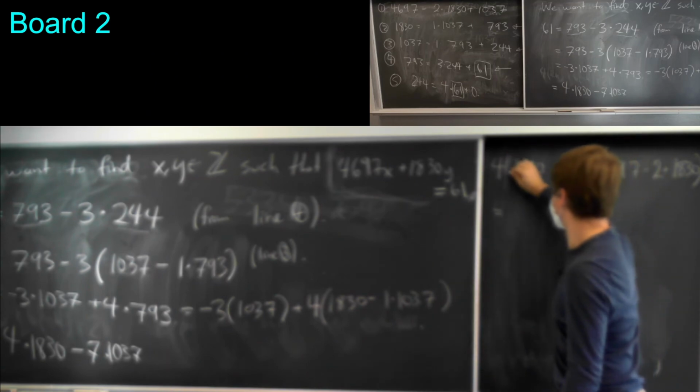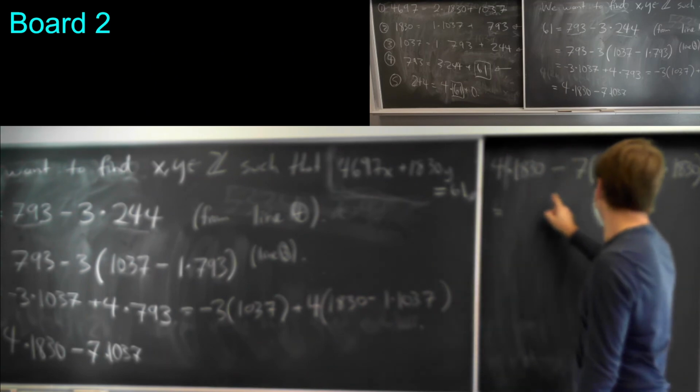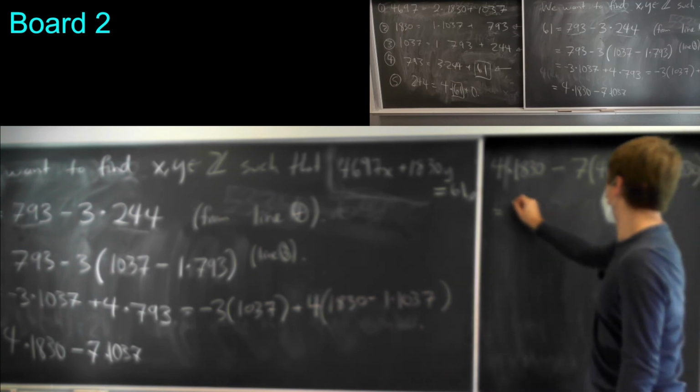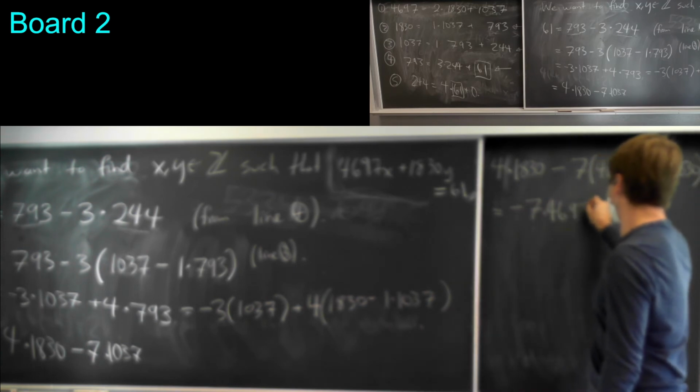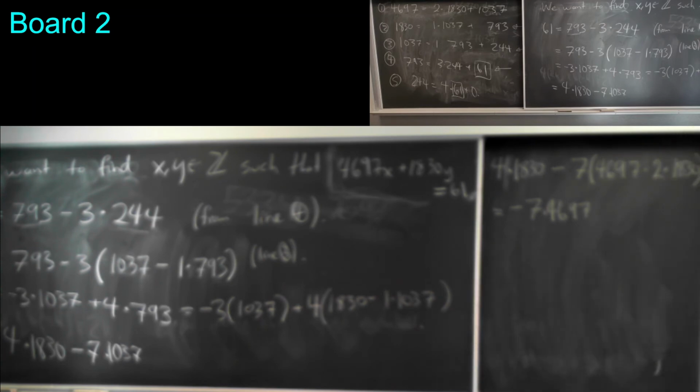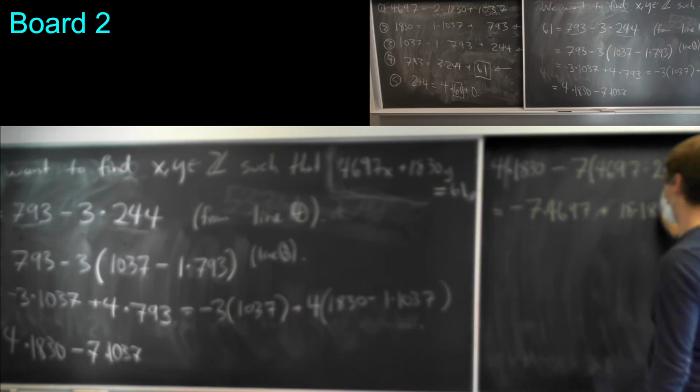So that's going to give me negative 7 4697s plus 18 1830s.